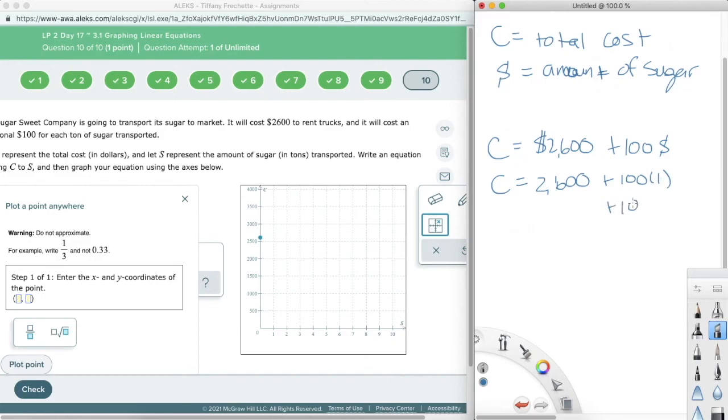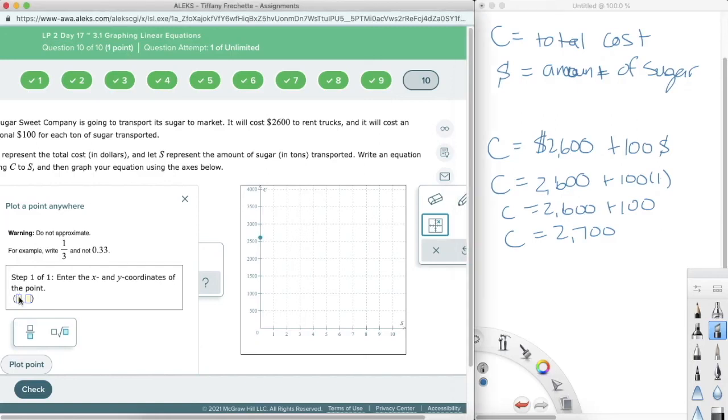And I'm just going to add that to my no matter what cost here of the $2,600. So that's going to be 2,700. Which again, I still can't quite graph on my own. I do need to use this to go 1 ton of sugar costs 2,700. And I'm going to click plot that point.